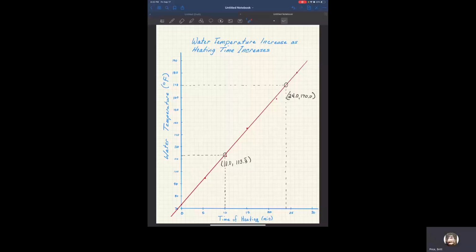Once I've done that, again, I do like to put in my labels for my axes. Full name, I'm okay with abbreviations. Make sure you include units. Find your data points, and then actually plot your data.